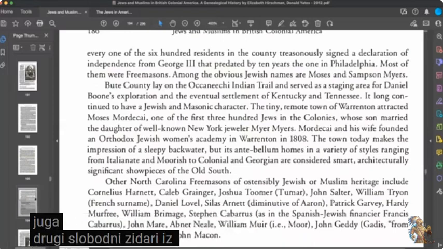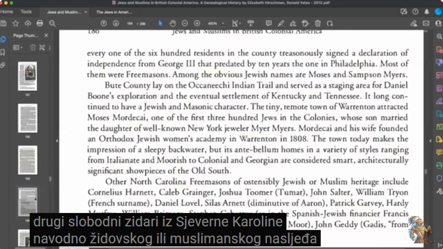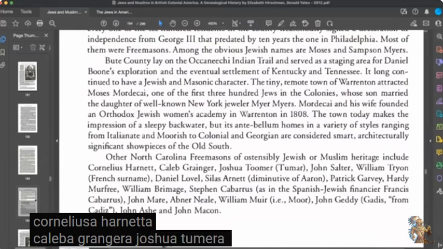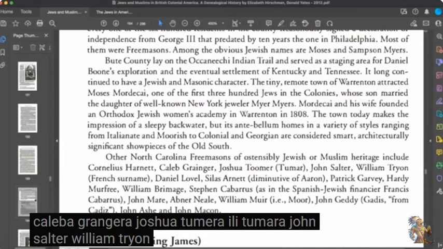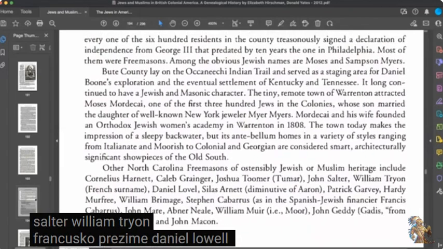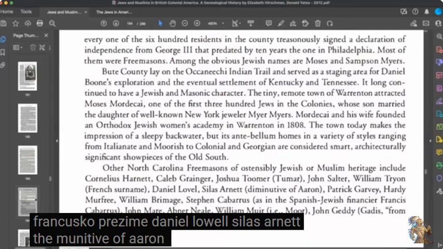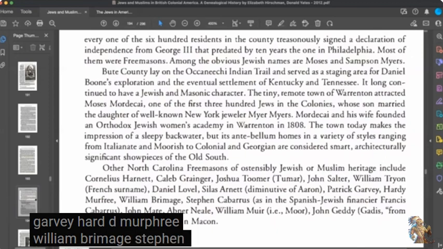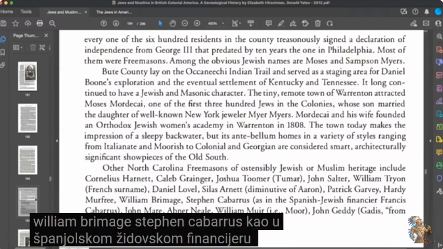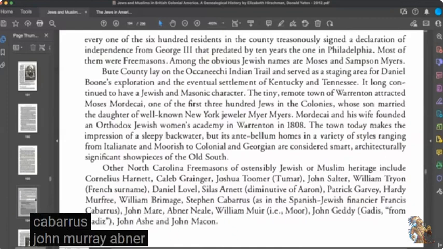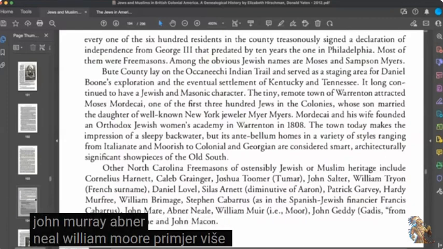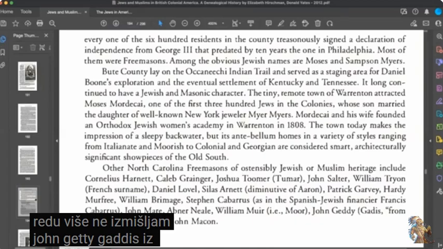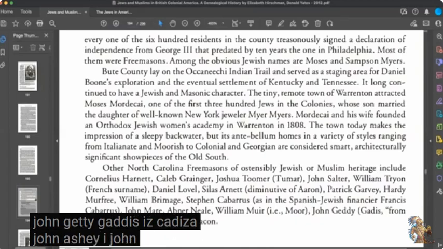Other North Carolina Freemasons of ostensibly Jewish or Muslim heritage include Cornelius Harnett, Caleb Granger, Joshua Tumar, John Salter, William Tryon, French surname Daniel Lowell, Silas Arnett, diminutive of Aaron, Patrick Garvey, Hardy Murphy, William Brimage, Stephen Cabarrus, as in the Spanish Jewish financier Francis Cabarrus, John Murray, Abner Neal, William Moore, for example Moore, all right, Moore, I ain't making it up, John Gaddis from Cadiz, John Ashey, and John Macon.